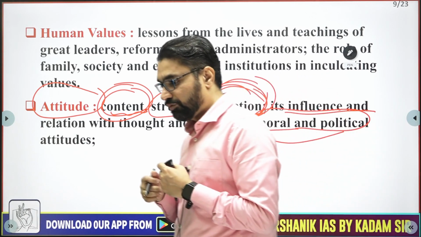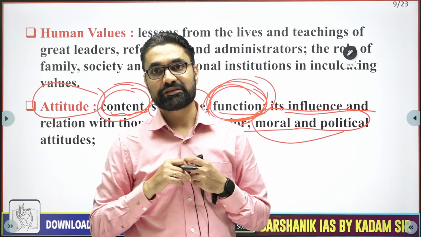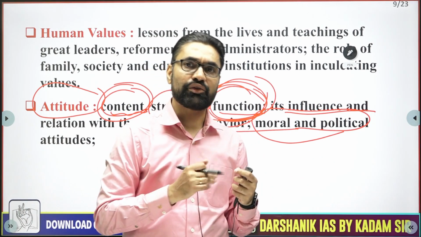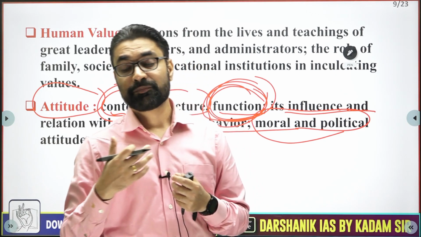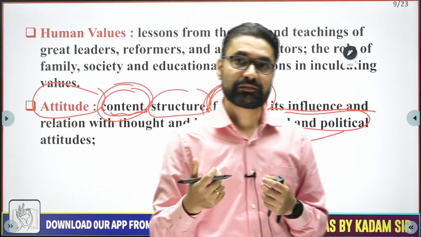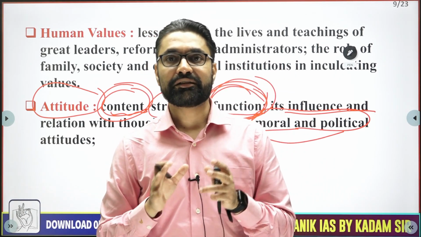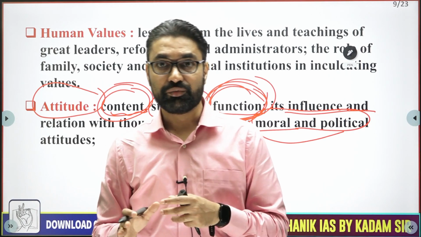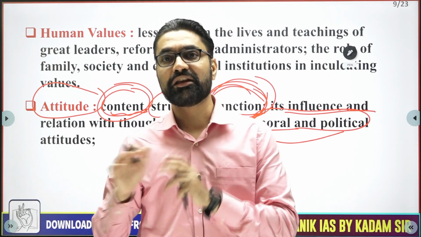But when I discuss with you, I will discuss almost 13 types of attitudes: moral attitude, political attitude, social attitude, cultural attitudes, religious attitudes, economic attitudes, scientific attitudes, etc. So almost 10-13 types of attitudes I will discuss with you. We will have such a comprehensive discussion that nothing will be left behind.